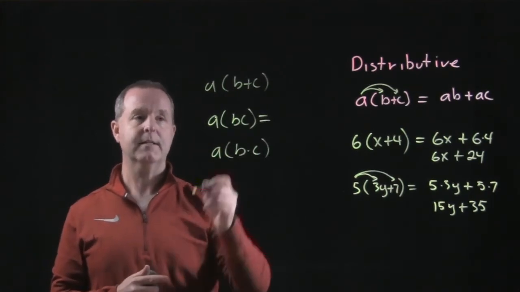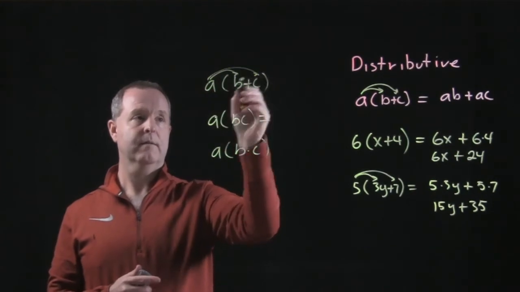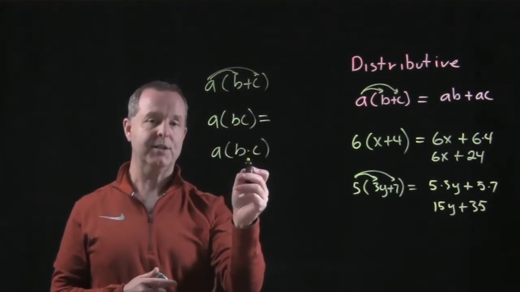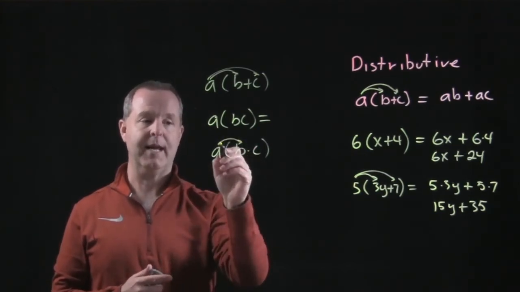In this particular case, I distribute across the addition sign, and so that's a good use of the distributive property. In multiplication, if the problem is written this way, I can't distribute across the multiplication sign.